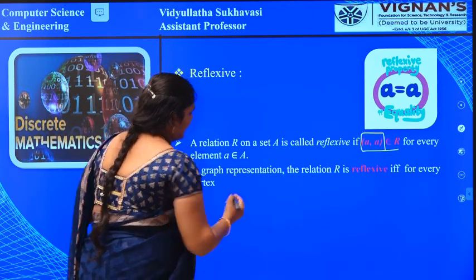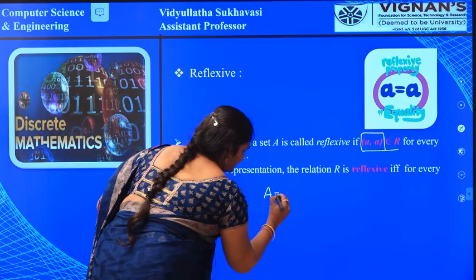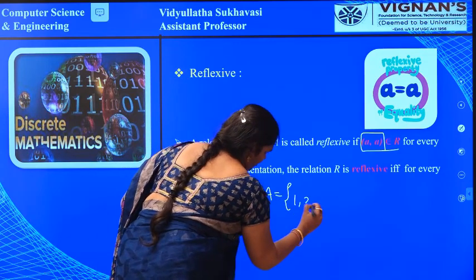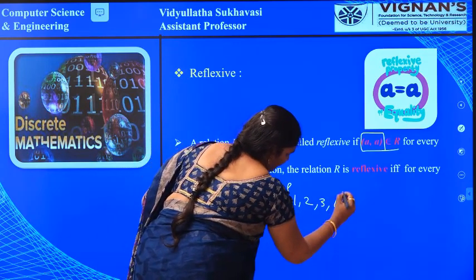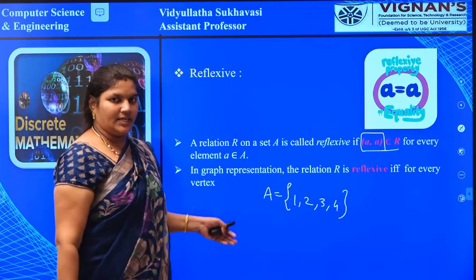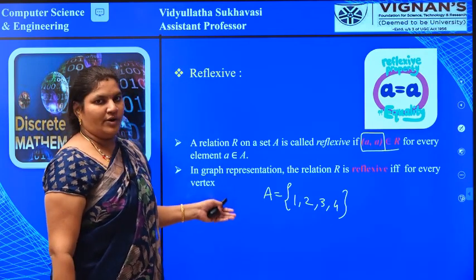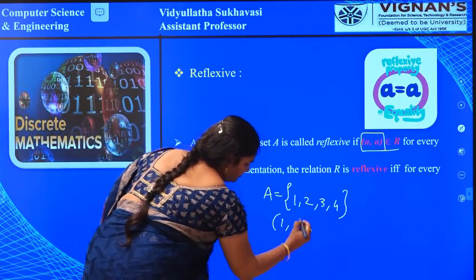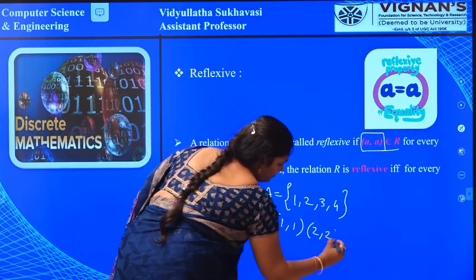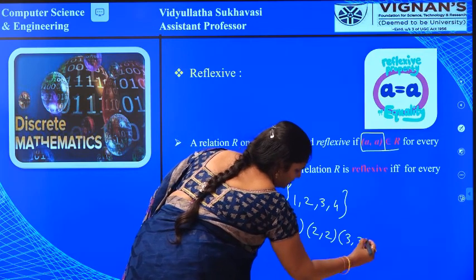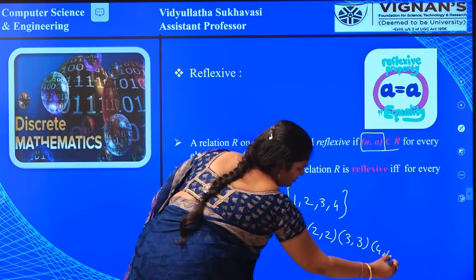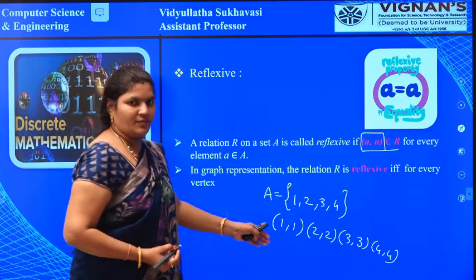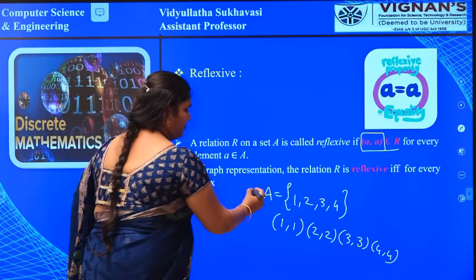See here, suppose we have a set A equal to 1, 2, 3, 4. From this set, the reflexive ordered pairs are 1 comma 1, 2 comma 2, 3 comma 3, 4 comma 4. These are the reflexive pairs for the set A.